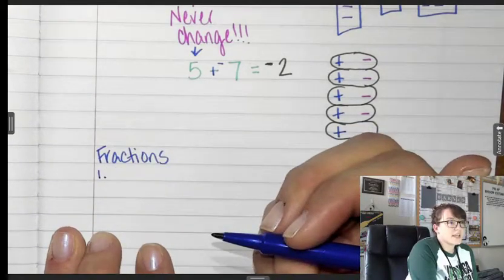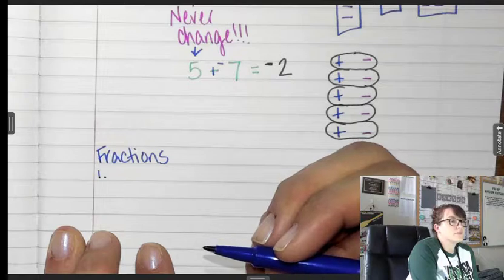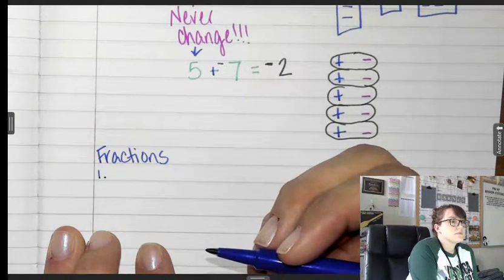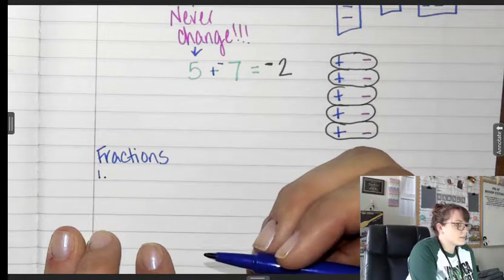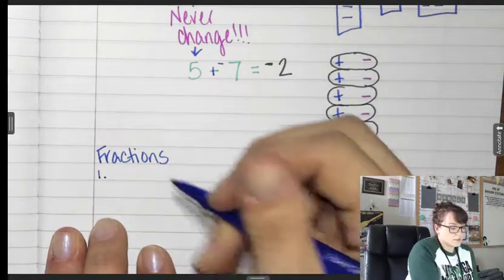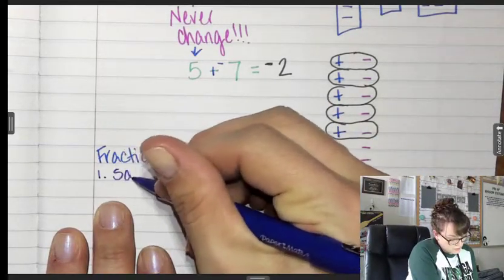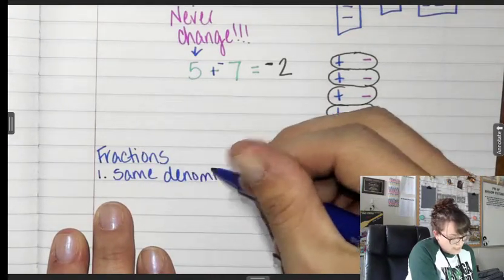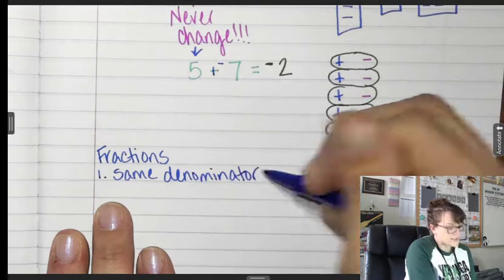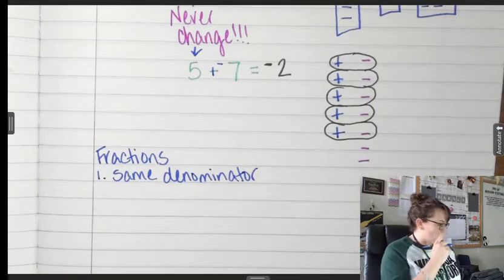What is the first thing that fractions have to have in order to add them together or subtract them? Same denominator. We cannot do anything else unless our puzzle pieces are the same size.